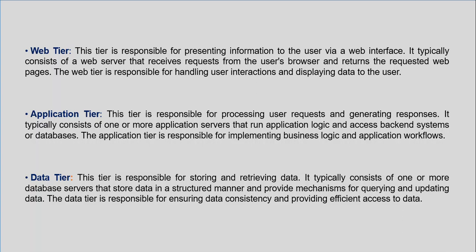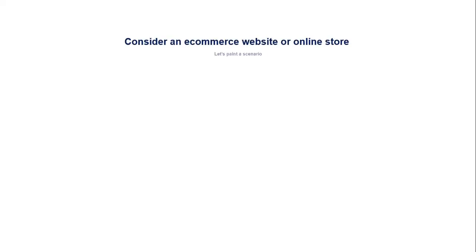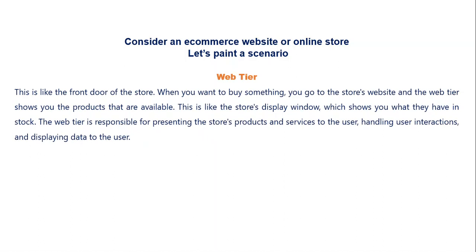I'm gonna paint a scenario in a moment. Consider an e-commerce website or online store. Okay, so what happens at the web tier? So at the web tier in an online store, first of all, I want you to see the web tier as a front door of the store. That is just the front door, first of all. All right, so when you want to buy something, you go through the store's website, and then the web tier shows you the products that are available.